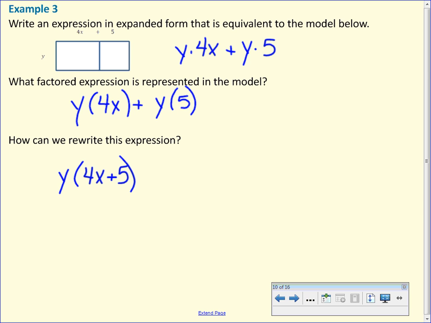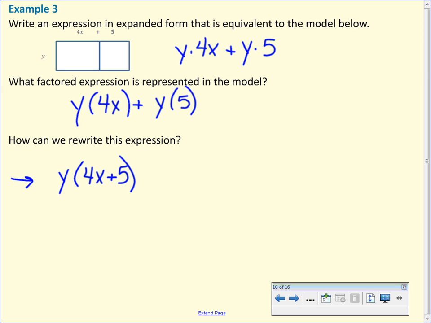That's another way we could have written it. These all represent the same thing. If you don't have them in the right one, that's okay. But these are all different ways that you could write the expression represented in that model, okay? But this is the easiest expression because we have that y factored out and it's the least amount of symbols.